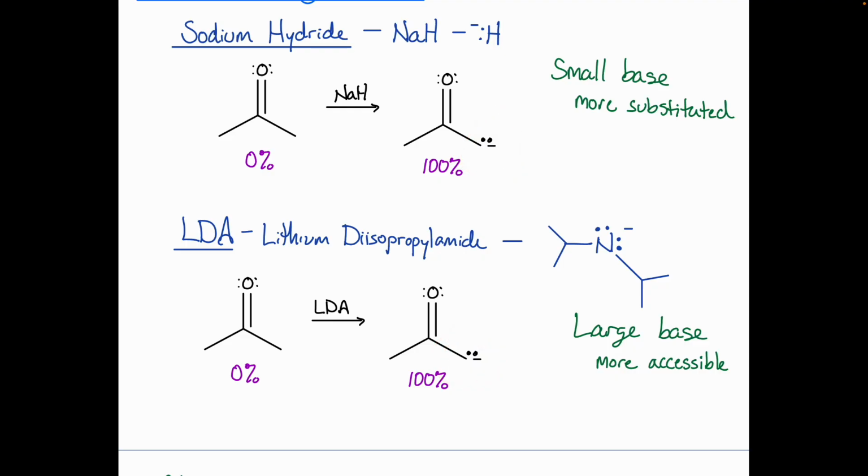But we can pick an aldehyde or ketone, actually it would have to specifically be a ketone, where there's a difference between those two alpha carbons. So let's take an example here, stack these next to each other. On the one hand, I want you to give me my enolate product if we treated this with sodium hydride. And on the other hand, I want you to give me my enolate product if we treated this with LDA.